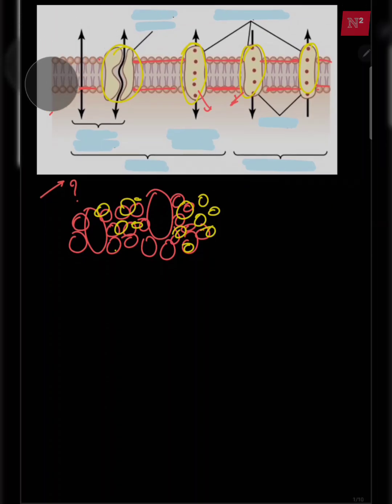Now there are some proteins that you will find in the cells which are passing through and throughout. These are called the transmembrane proteins. Okay, that is passing through and throughout the membrane of the cell. You also will find some proteins which are sticking to the outer edges.